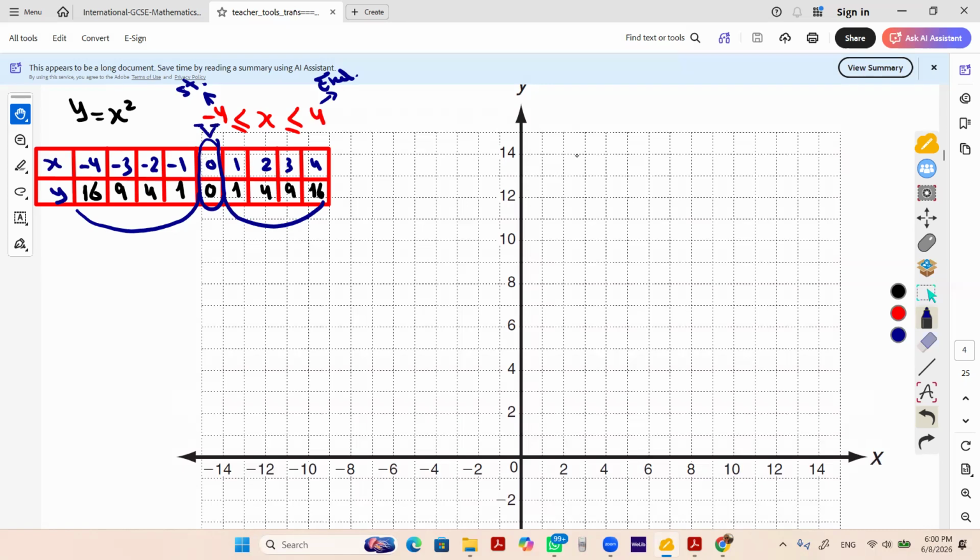It is 0 and 0. Okay? So wherever the points are the same around the vertex, the values of y are the same on the right as on the left of the vertex. Okay? So negative 4 and 16, we have to draw negative 4.